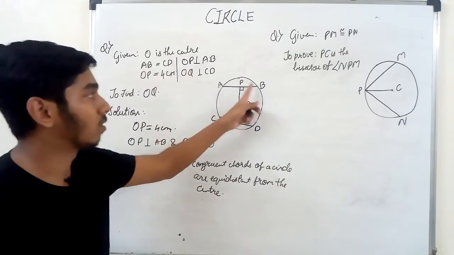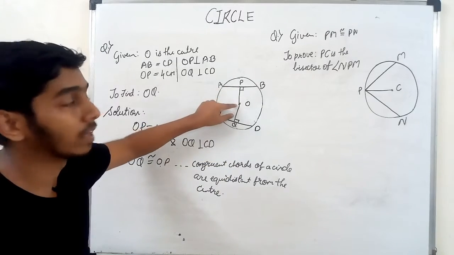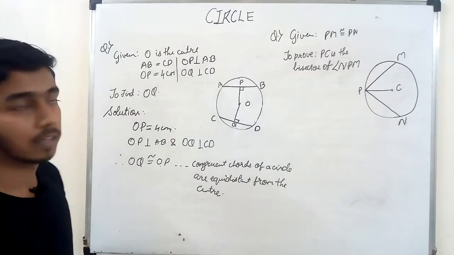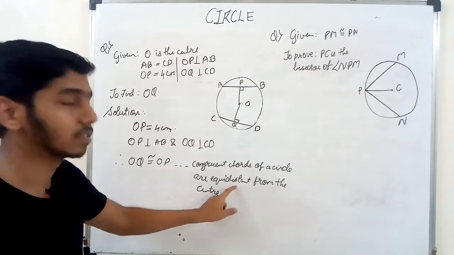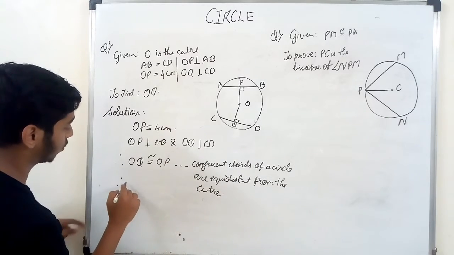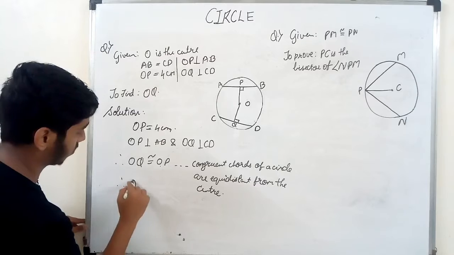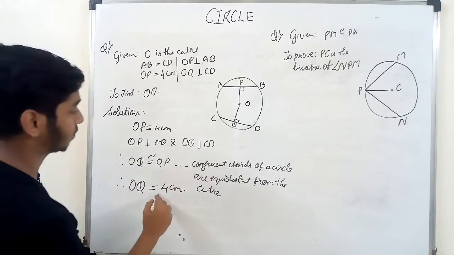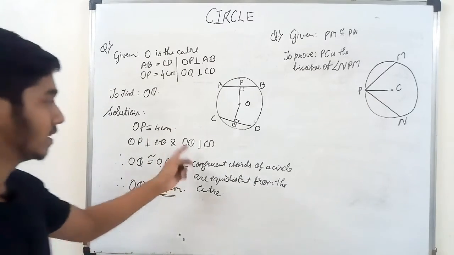That means if the chords are congruent, then the distance between each chord and the center is the same. That means OP and OQ are congruent with the help of this theorem. Therefore, OQ is 4 centimeters. So this was the first one, an easy one.